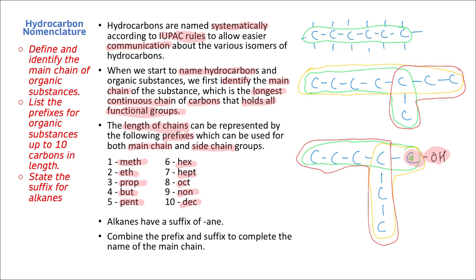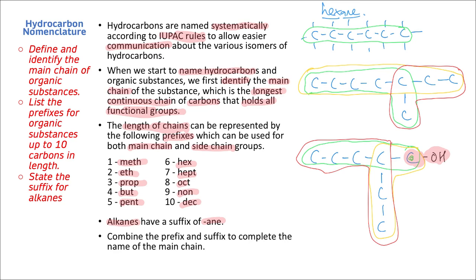And so then we can have a look at the first homologous series, which is alkanes, which have a suffix of ane. So this one here at the top is going to be hexane, hex because it has 6, ane because it is all single bonds.